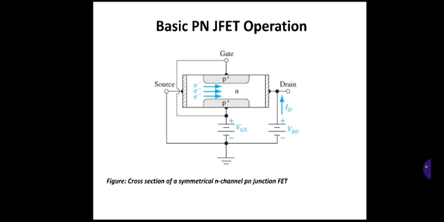The source terminal will now be the source of holes instead of electrons, as in the N channel device, and the current directions and voltage polarities in a P channel JFET are reverse of those in the N channel device. The P channel JFET is generally a lower frequency device than the N channel JFET due to the lower hole mobility.